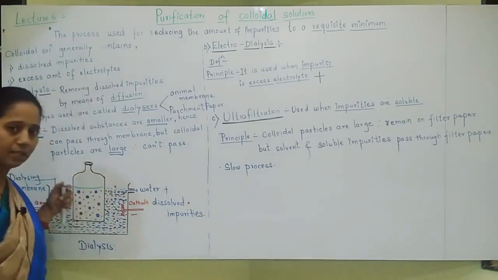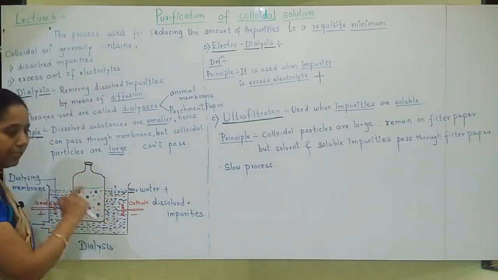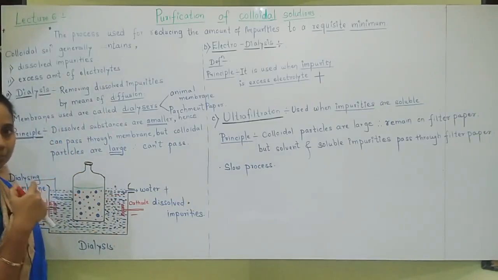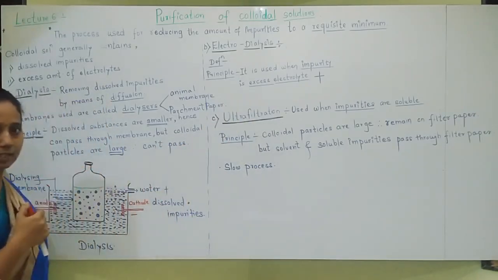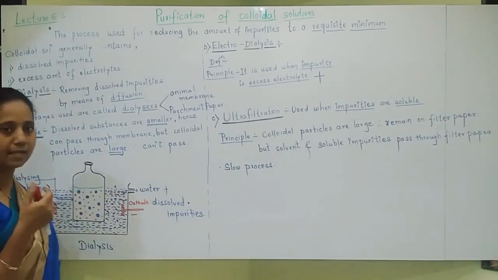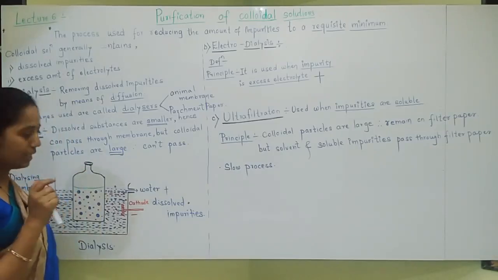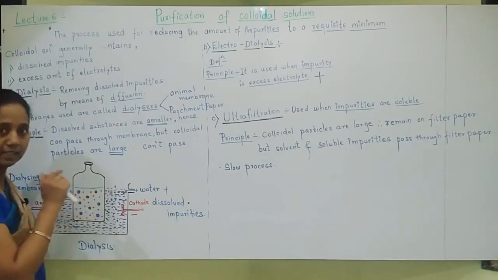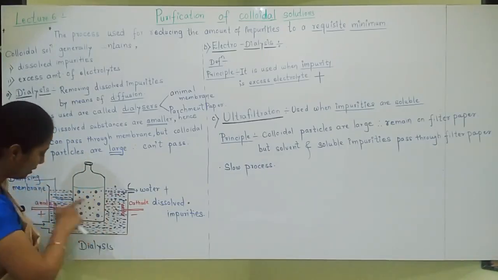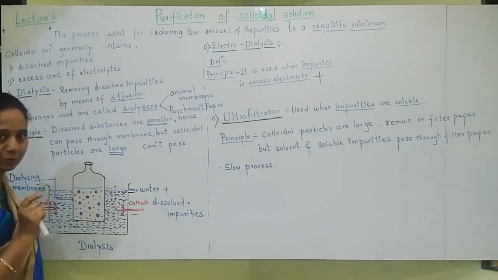Now what will happen? By electrodialysis, excess electrolyte is removed. You know that excess electrolyte means ions will be there. Whatever electrolyte is present here, those ions will move towards the oppositely charged electrode.